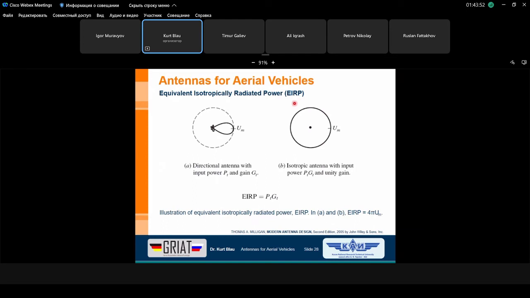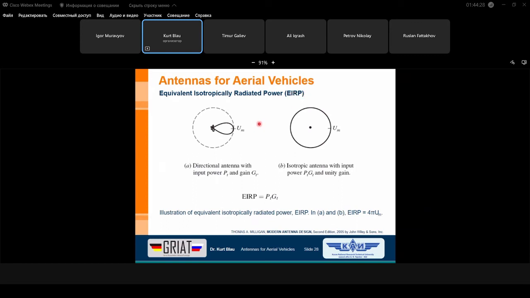EIRP means we have to consider the gain of the antenna, because in this case, if we deliver 400 milliwatt, this could be allowed if on the label were printed 20 dBm plus 6 dB in log scale, meaning the allowed EIRP is 26 dBm.